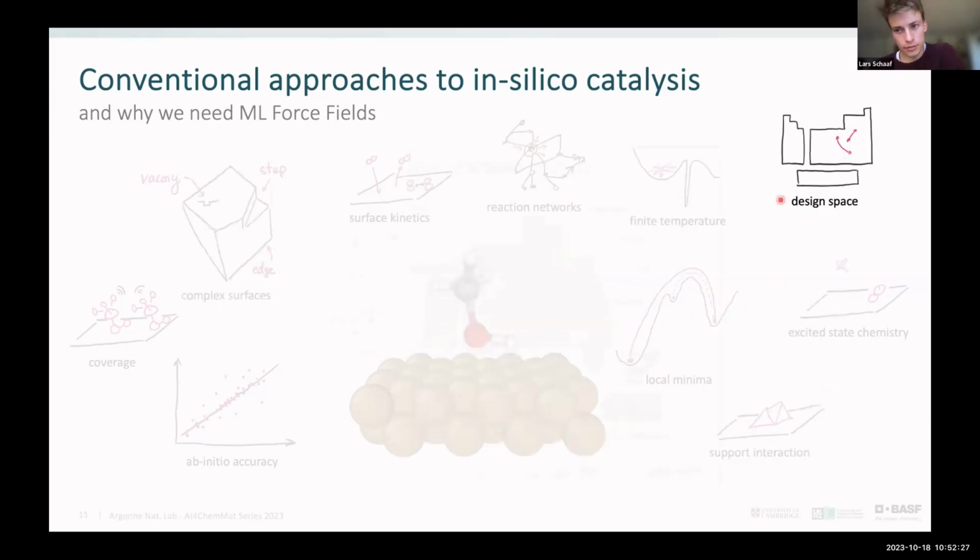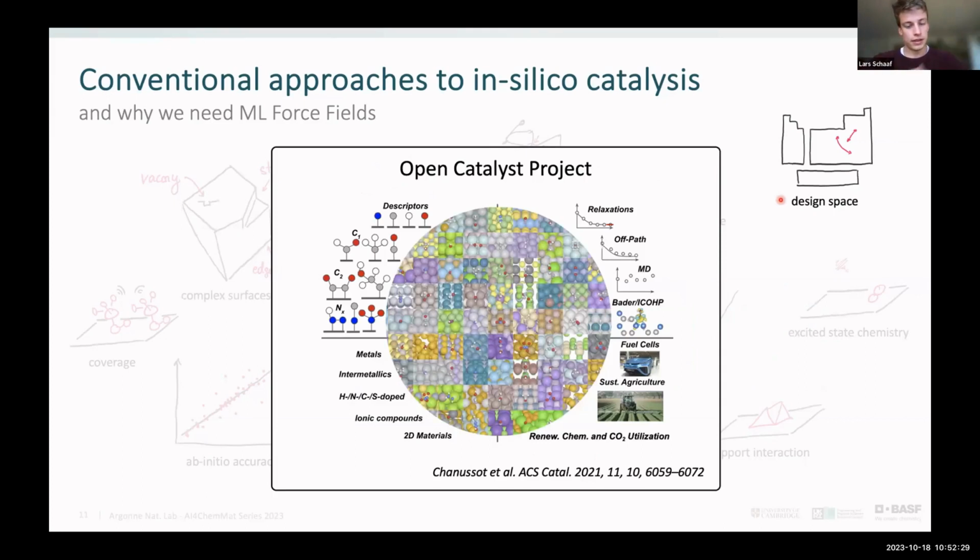Another big problem, of course, is that there's such a variety in the materials that can be catalysts. And one famous project that's trying to address this challenge is the Open Catalysis project, where they've created a large database of configurations, where the idea is that an accurate machine learning force field trained on these can then help you predict on almost any surface that you may be interested in.